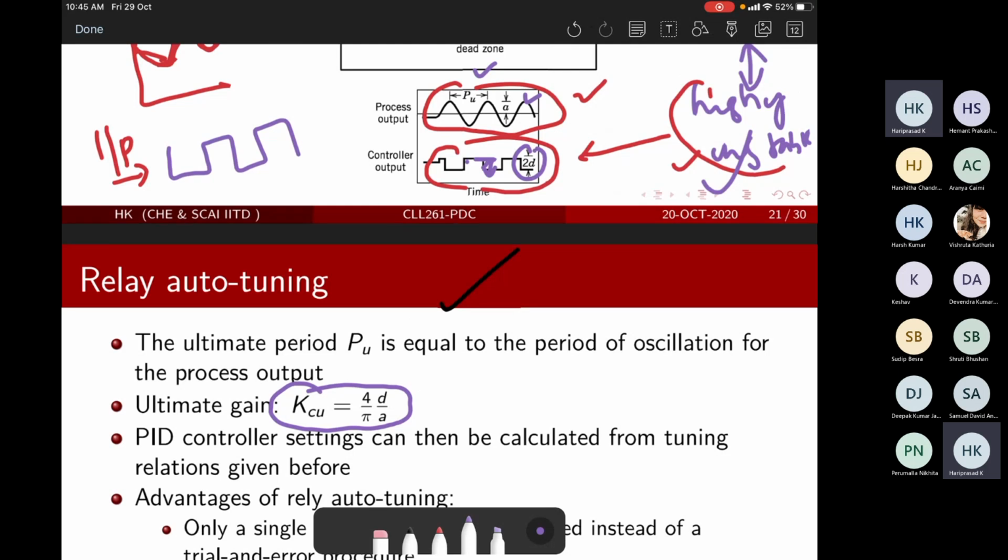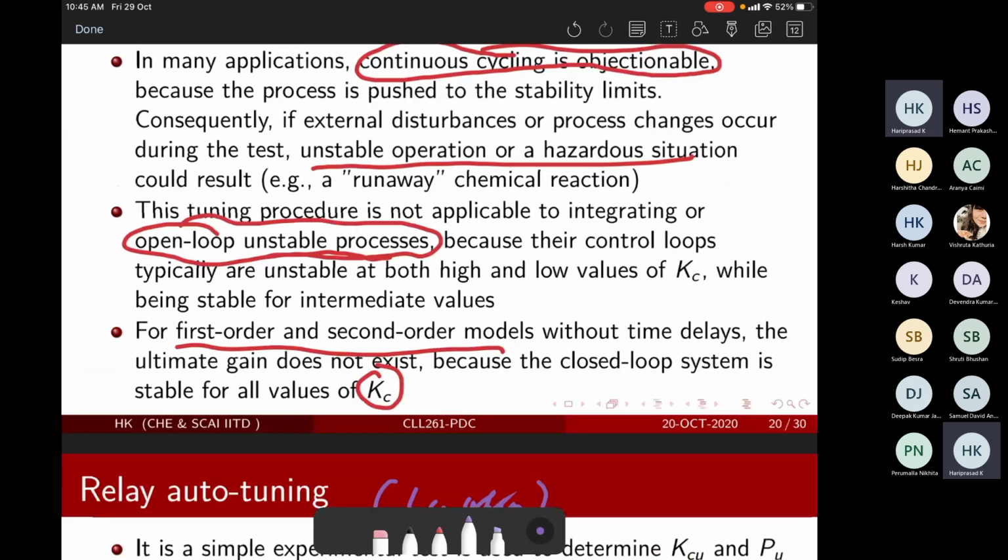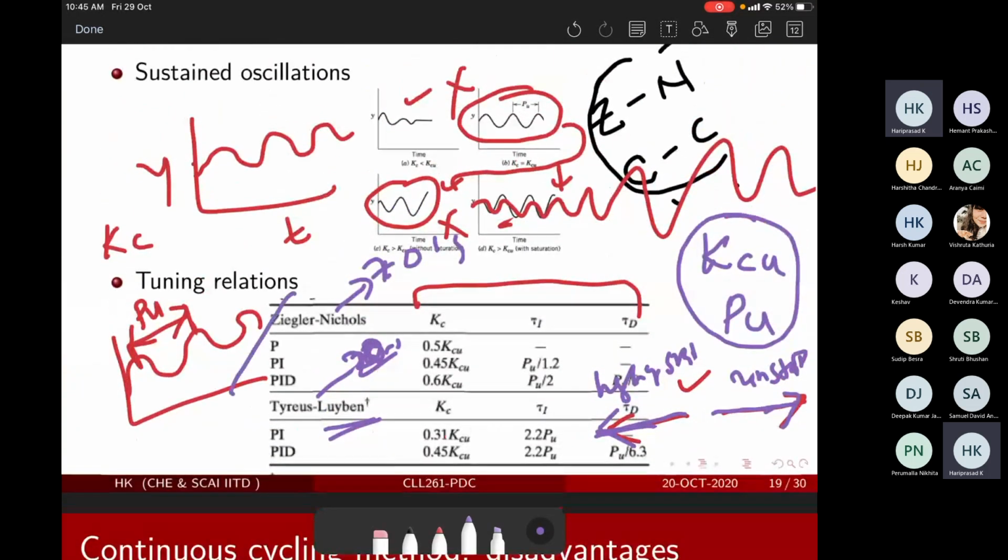By looking at D, A, and some properties of sinusoids, you can back-calculate the KCU. That is the only value remaining, because PU is already available to you. So if you know PU and KCU, you can use either the Ziegler-Nichols or Tyreus-Luyben method here. The only requirement is KCU and PU.